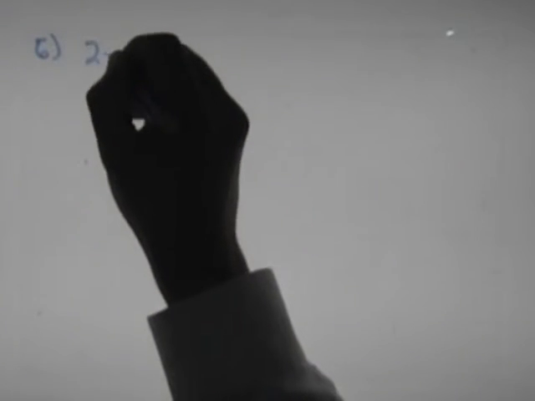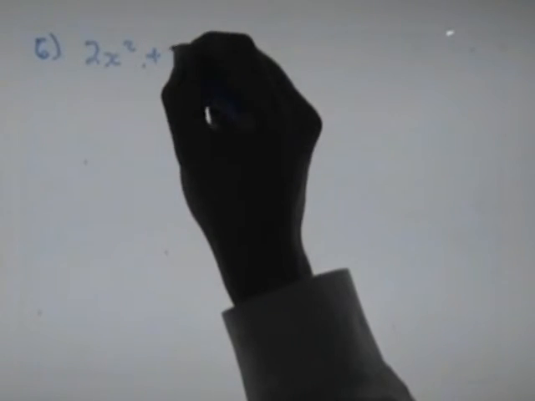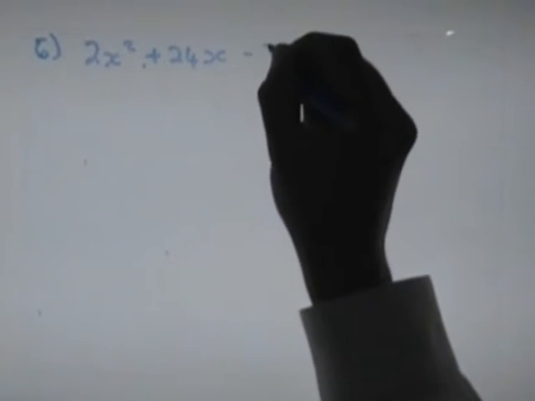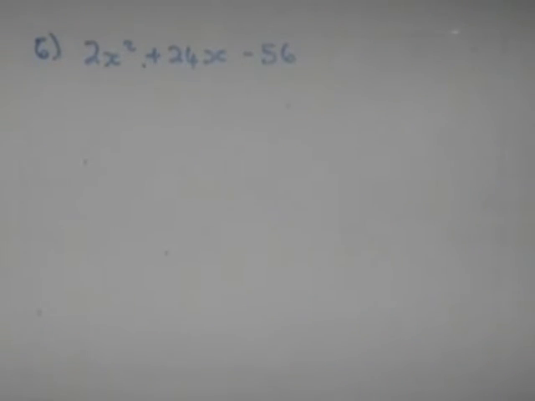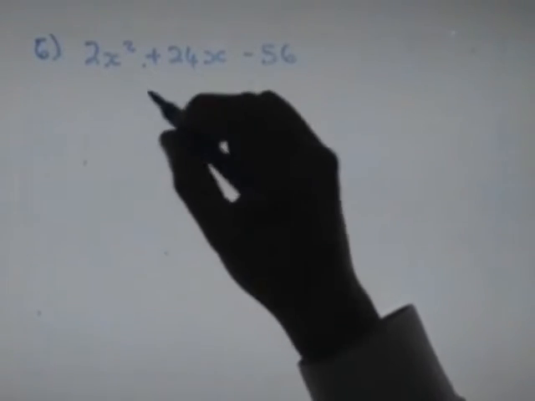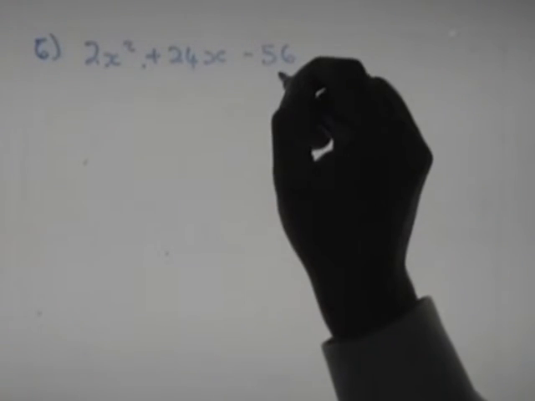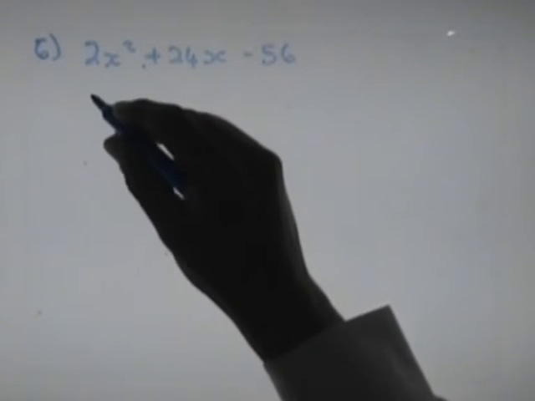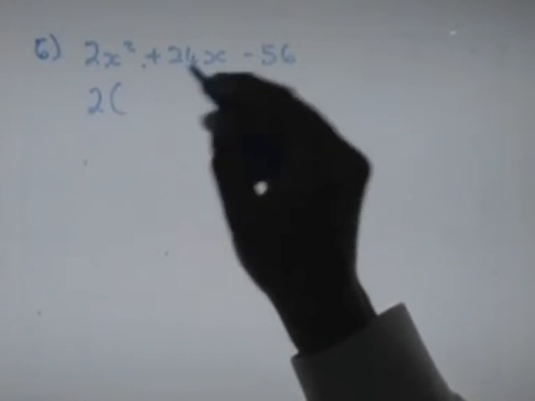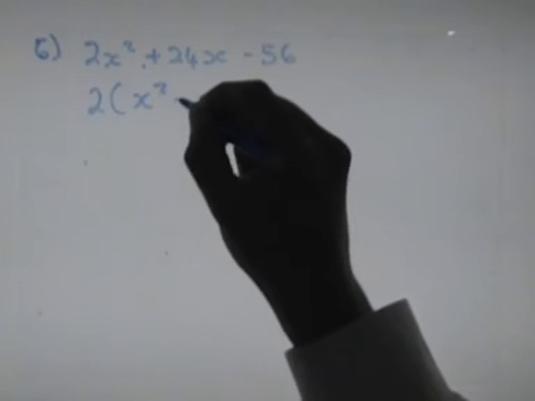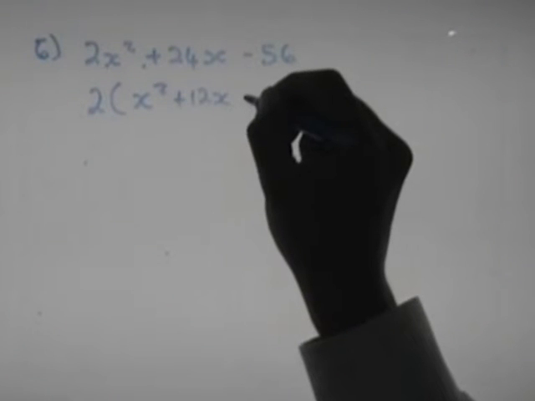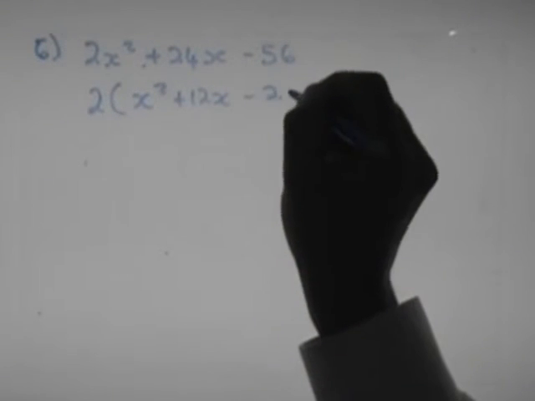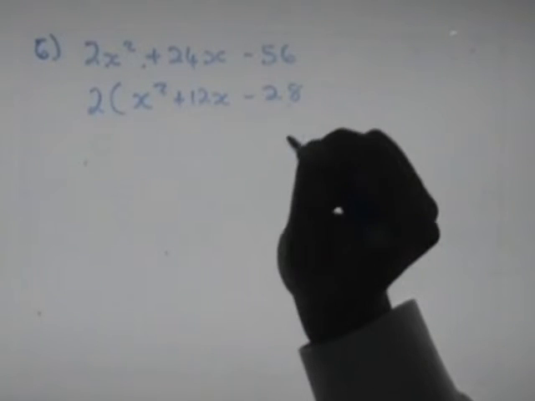The next one I gave you to do, number 6, read 2x squared plus 24x minus 56. Now in this one here, we can factorize this as is, but it will be a lot easier if I took out a common factor of 2 to give us x squared plus 12x minus 28.